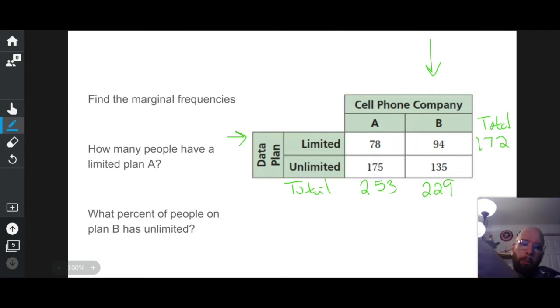And the total people that have the unlimited plan is 175 plus 135, which I believe is 310. I can find my total by adding 172 plus 310, or 253 and 229. Either way, I will get 482.